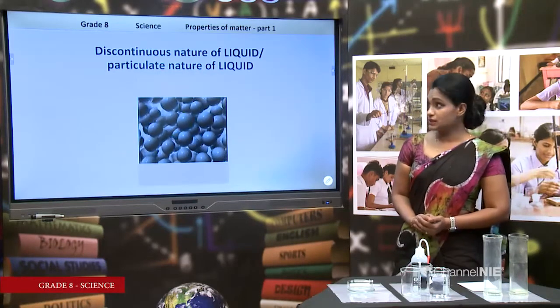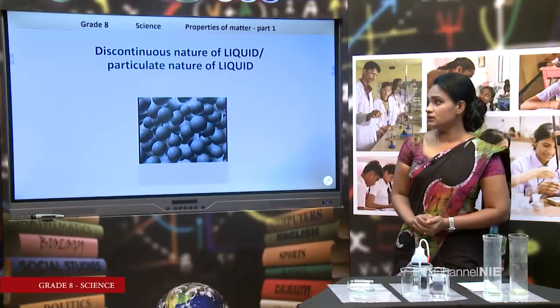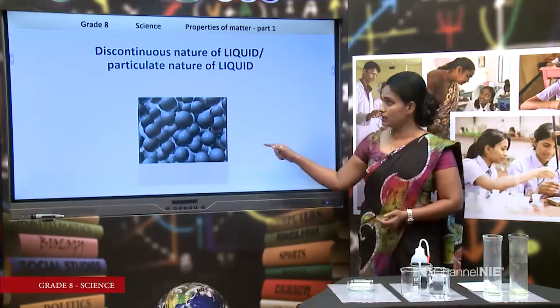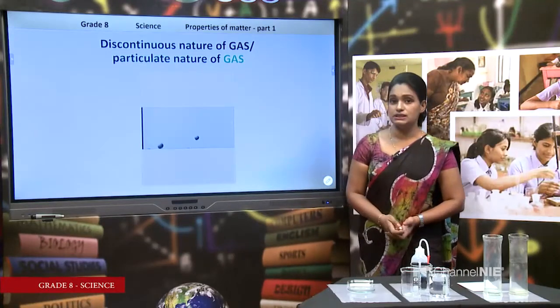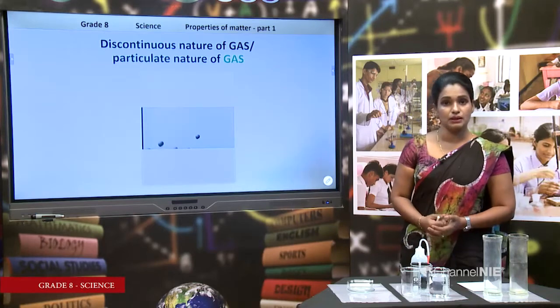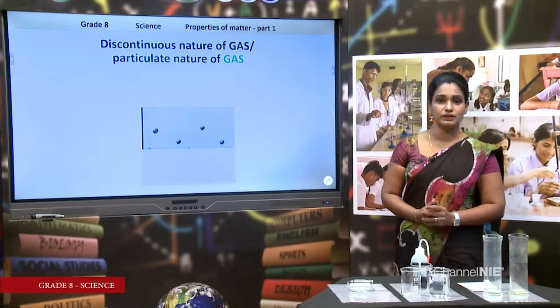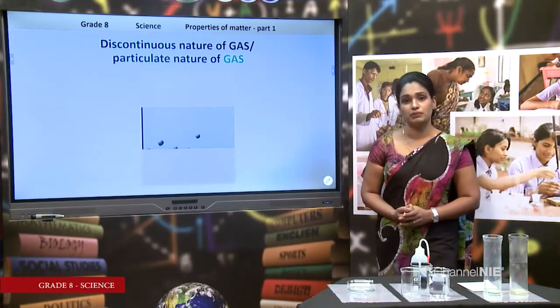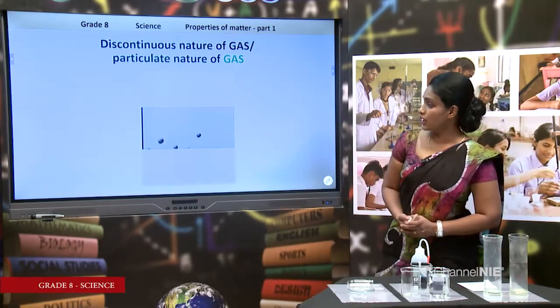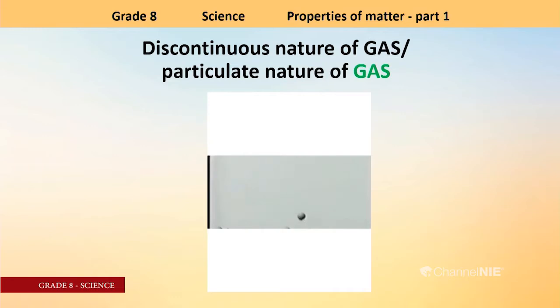So, that is the nature of a liquid matter. Okay. Then the third one, this is the discontinuous nature of the gas. Here you can see particles are freely moving. So, binding power among the particles is very less. So, can you see the spaces among the particles are very high.